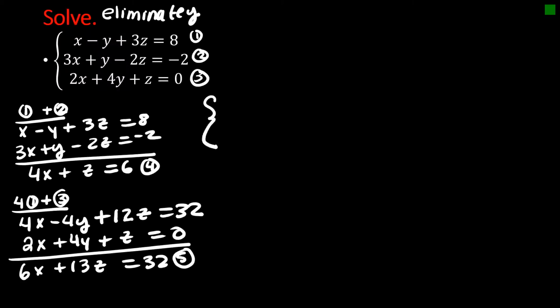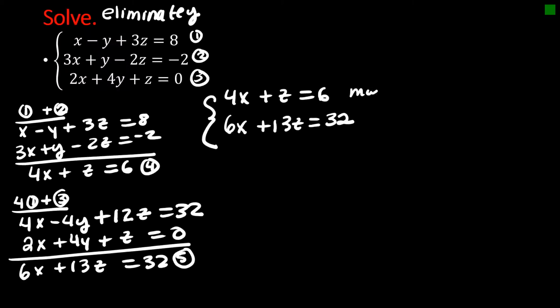Now I'm going to put equation 4 and 5 together: 4x plus z equals 6, and 6x plus 13z equals 32. I'm going to solve here for x and for z. It's going to be easiest if I multiply the first equation by negative 13 and I can eliminate the z's.